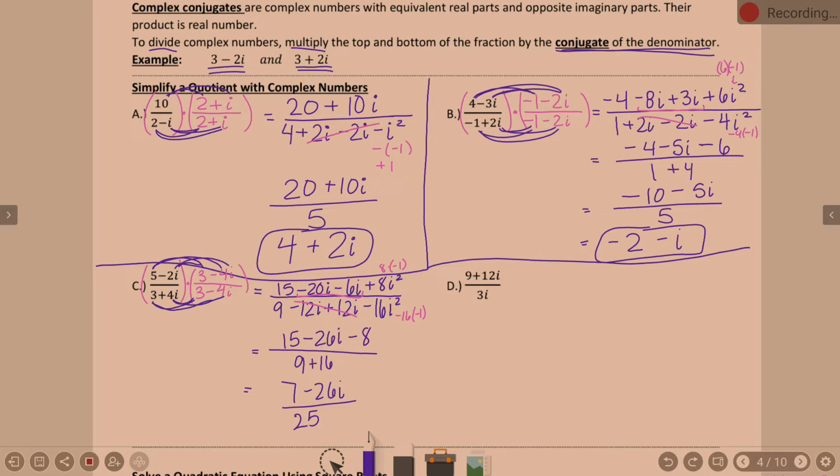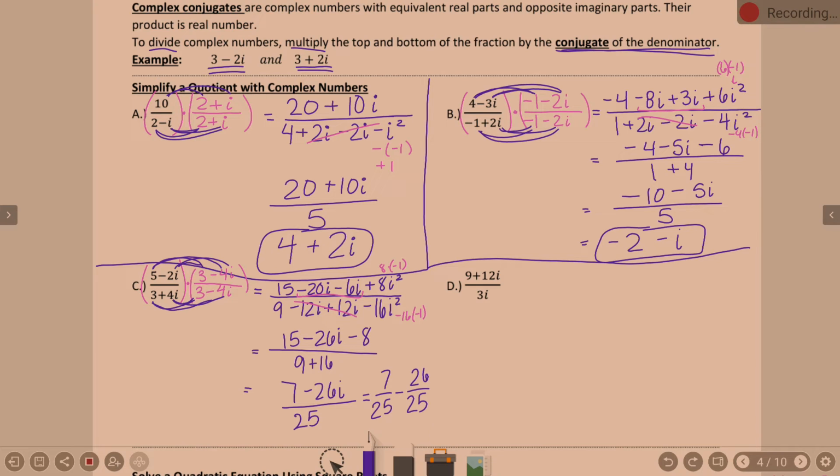If we're looking for a plus bi form, because right now that form is kind of smushed together, but this 25 goes with every term in the numerator. So I can rewrite this as 7 over 25 minus 26 over 25, and the i has a choice.